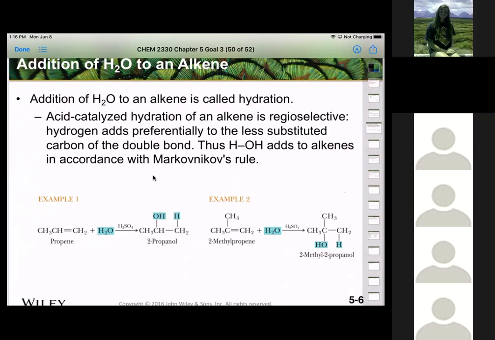And because of that, it's following Markovnikov's rule again, because it forms a carbocation, and therefore the non-hydrogen group, in this case OH, winds up on the more stable carbocation. So that means in the hydrogen halide reaction and the water reaction, we follow Markovnikov's rule, and we can have carbocation rearrangements. Okay.